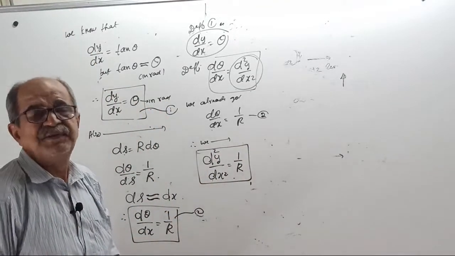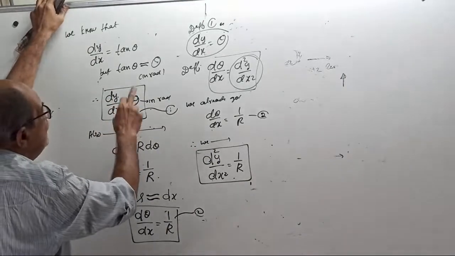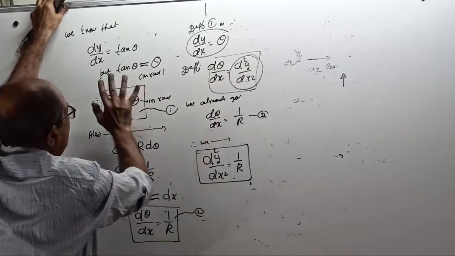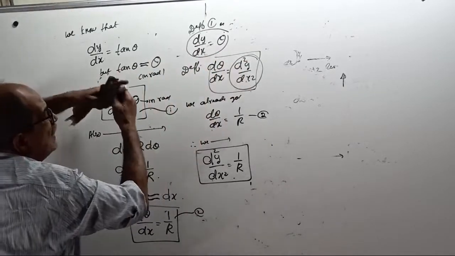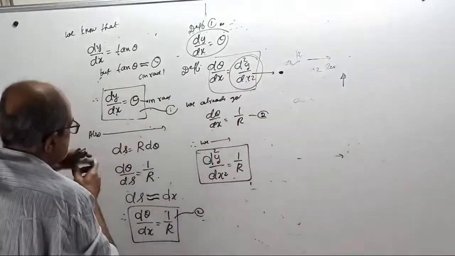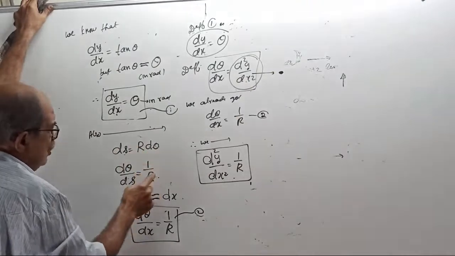See, I'll tell once again. dy by dx equals theta, mathematically. Differentiate it: d theta by dx equals d square y by dx square. Keep it aside. Now, ds equals r d theta, so d theta by ds equals 1 by r.